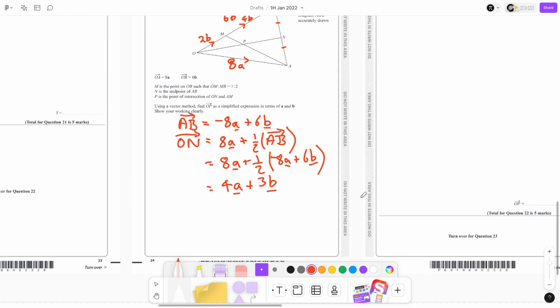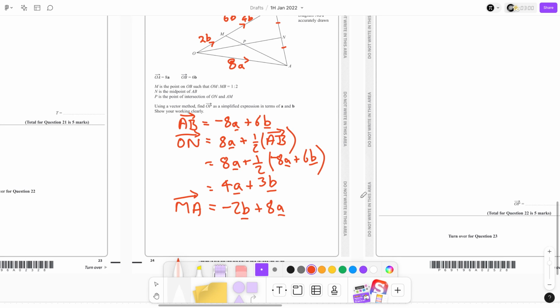So that's O to N. Now, what about M to A? A different one of these. So M to A, we're just at the moment working out all the vectors that we can. M to A is going to be minus 2B plus 8A.